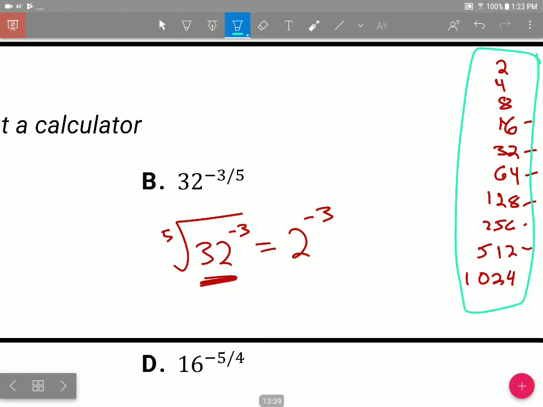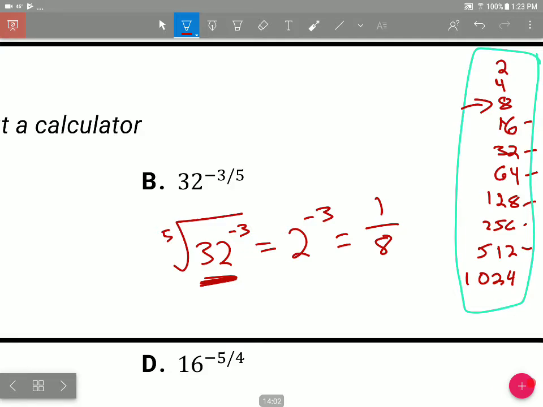So the fifth root of 32 is 2. Okay? So ignore the negative for just a second. What is 2 to the third power? 8. The negative simply says, hey, I'm on the wrong side of the fraction. I belong in the denominator. Okay? A negative exponent has nothing to do with the number being negative. Nothing.